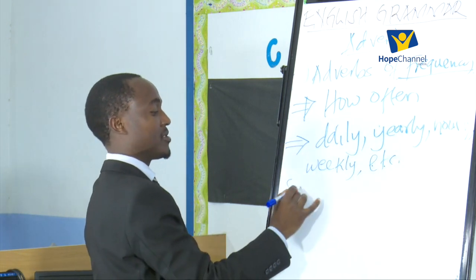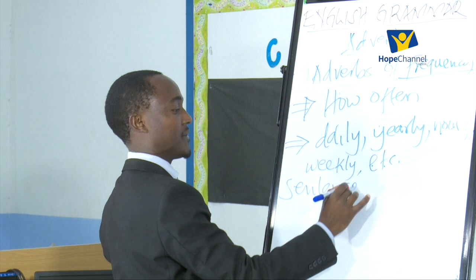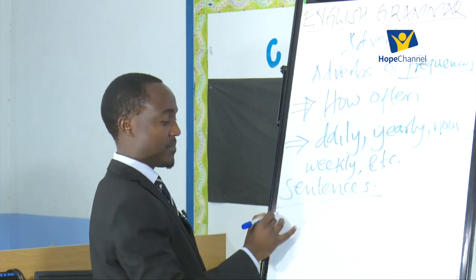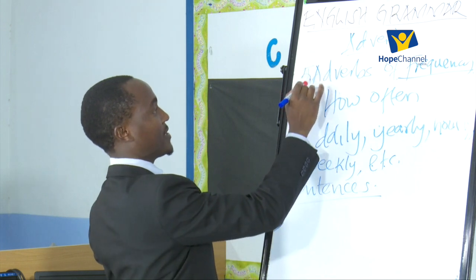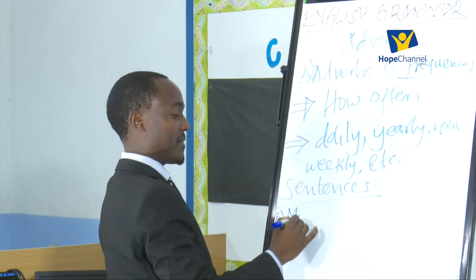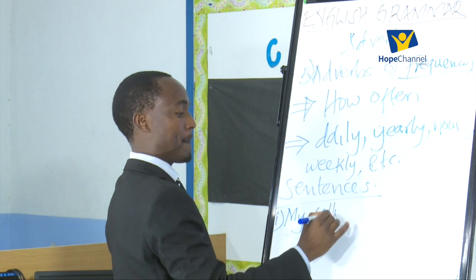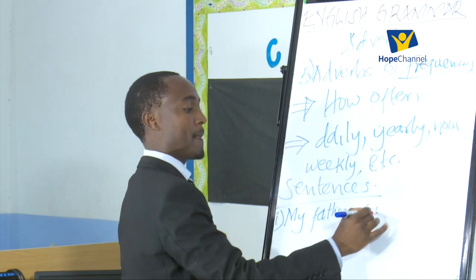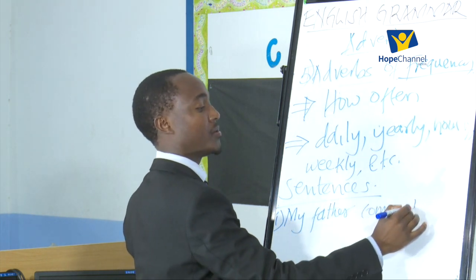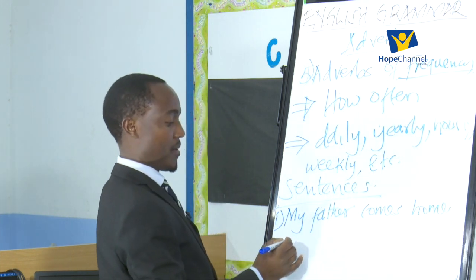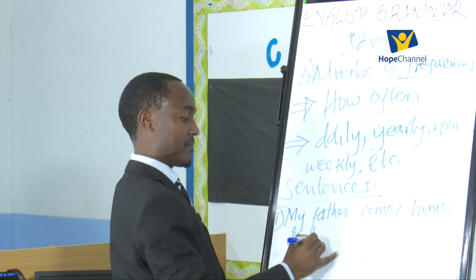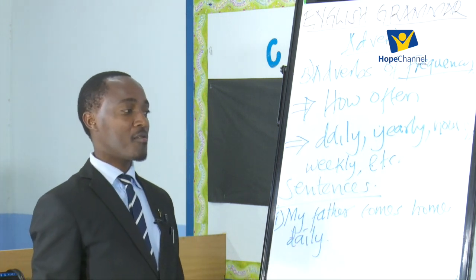But now we look at the uses in sentences. For example, this is our fifth type. My father comes home daily.